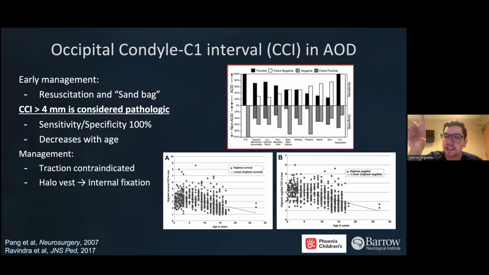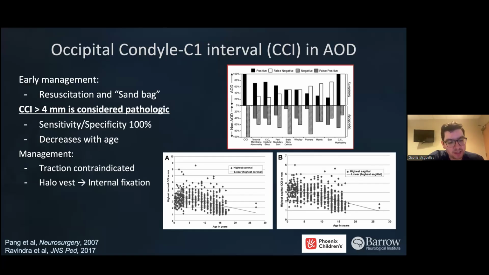On the left is the CCI, and you can see that it's 100% sensitive and 100% specific in this study, compared to suboptimal sensitivity and specificity in the other range of radiographic findings like C1-C2 epidural blood, but also the BDI and other measures, which unfortunately in this table use the authors' names for those radiographic parameters like Wholey, Powers, Harris, Sun. So just to make the point, the CCI is a very good radiographic parameter and potentially better than these other ones to use when thinking about AOD.